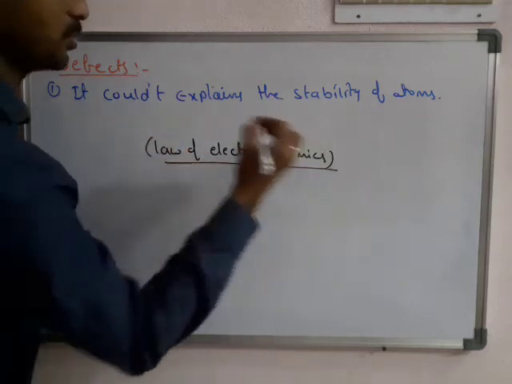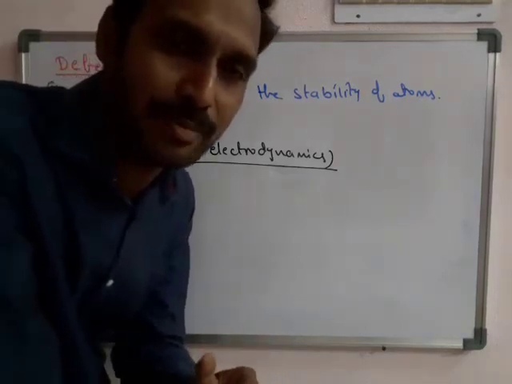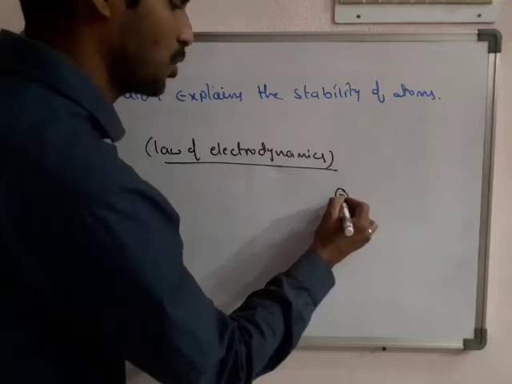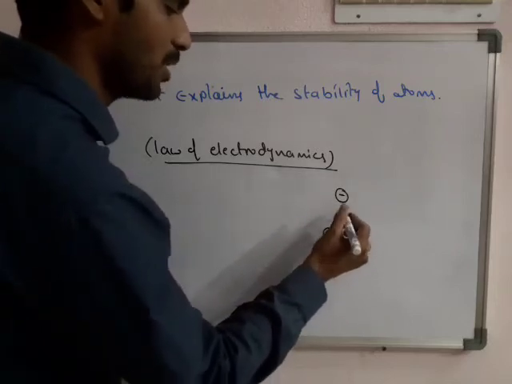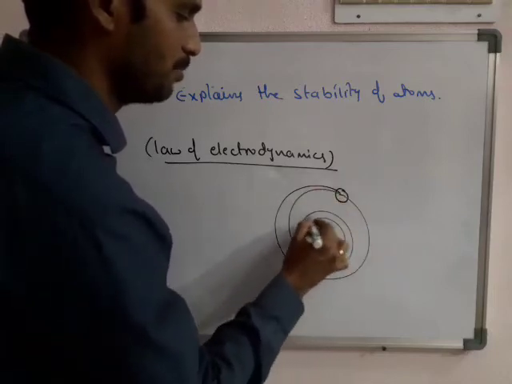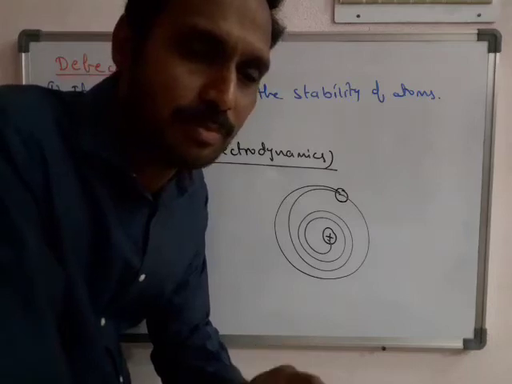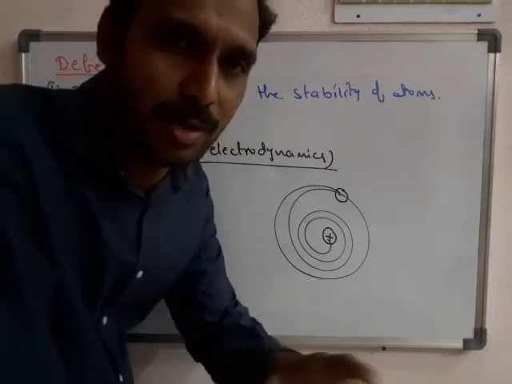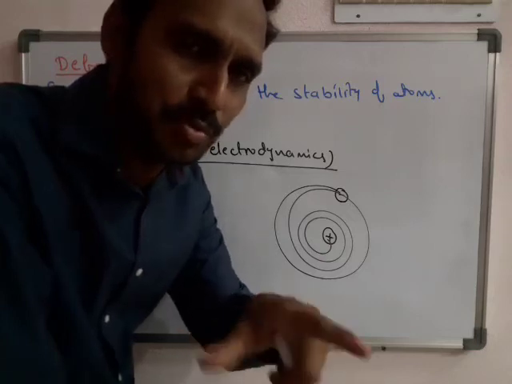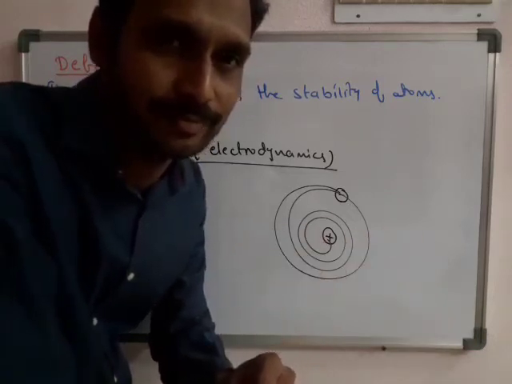According to the law of electrodynamics theory, when a negatively charged electron moves fast around a positively charged nucleus, it simply loses its energy. When a negatively charged particle revolves around an oppositely charged particle at high speed, it continuously loses its energy.